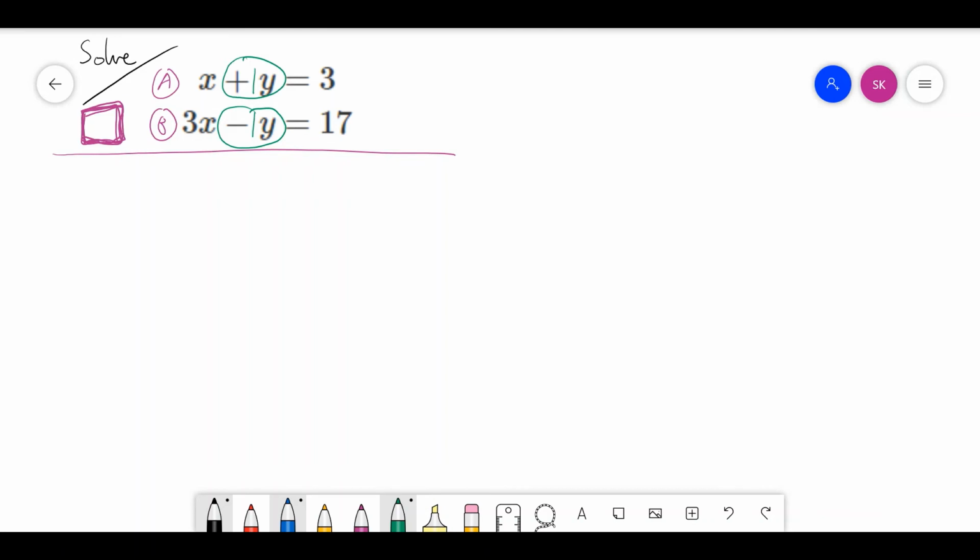So if I've got positive 1y, in other words 1y, and I've got a negative 1y over here, what do I have to do to them to eliminate them? Let's try taking away first. 1y, take away negative 1y. Well, taking away a negative is the same as adding. So that would be the same as 2y. Is that what I wanted? No, it isn't. So I know that I'm not going to be subtracting.